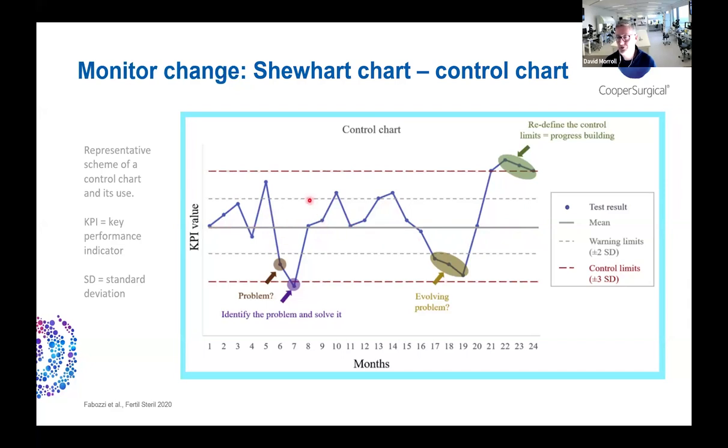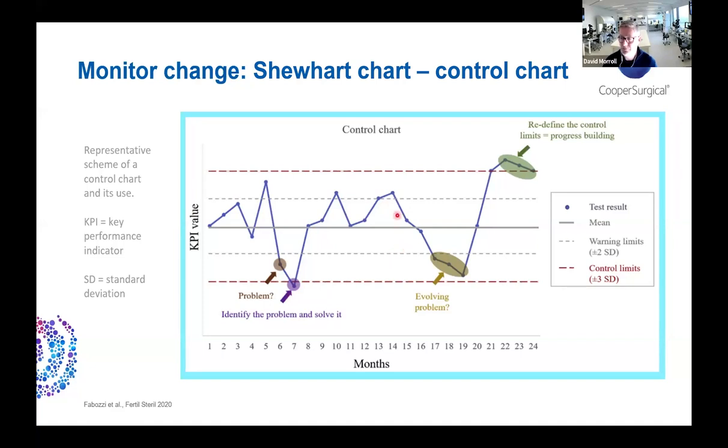And if it goes above these 2 standard deviation warning limits, you start to take a look. If it goes above or below the 3 standard deviation limits, you certainly start investigating. And what you're looking for is outliers like this. So that may or may not be a problem, but you would have a look. That one you would certainly take a look because it shouldn't be that far different.